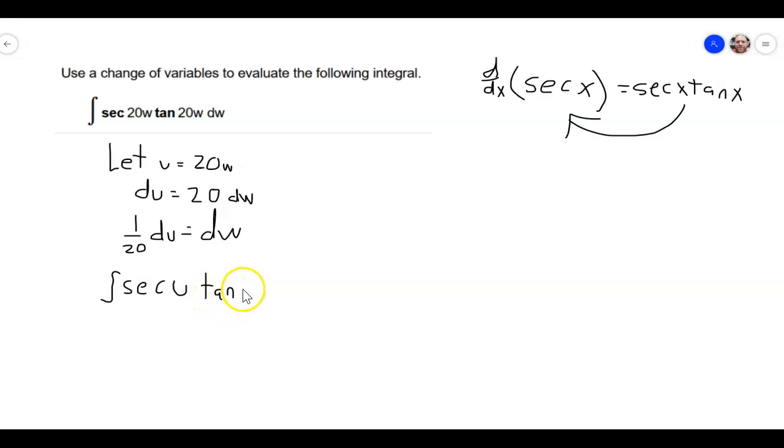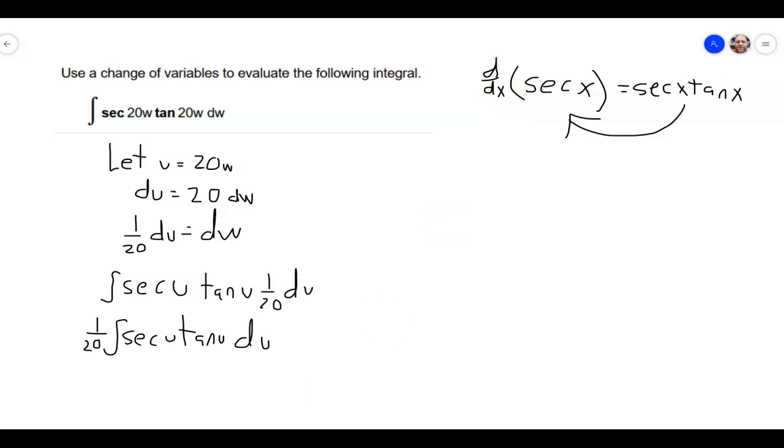The tangent of u, and then remember dw is 1 over 20 du, and that 1 over 20 can go right out to the outside of this, so that is secant u tangent u du. And that is just looking like that here.